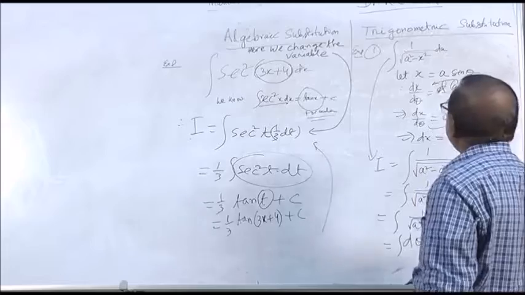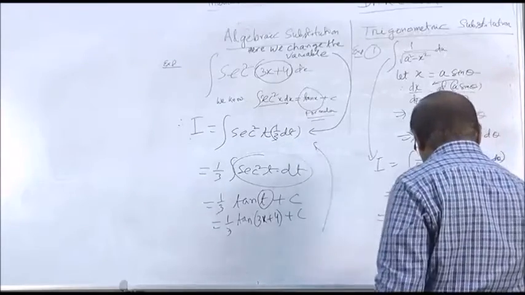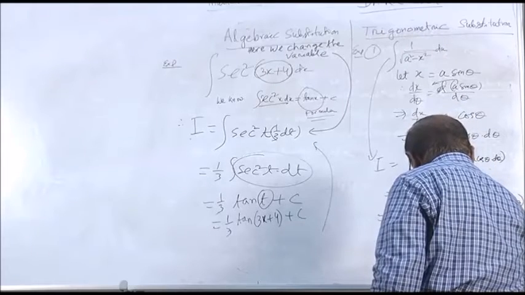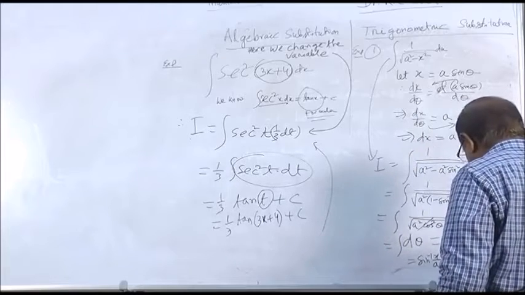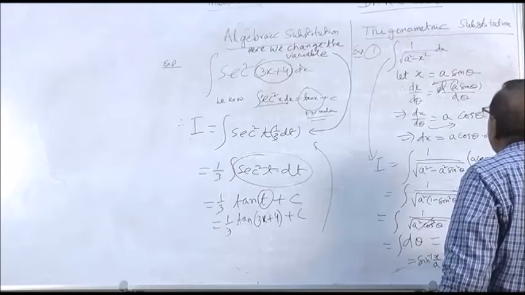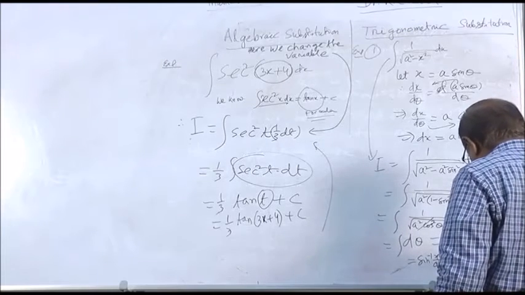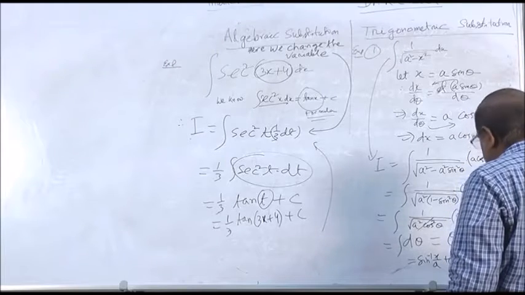And in the last step we put the value of theta. What is theta here? Sin theta is x by a. So this is sin inverse x by a plus c, as x by a is equal to sin theta, which implies theta is equal to sin inverse x by a.